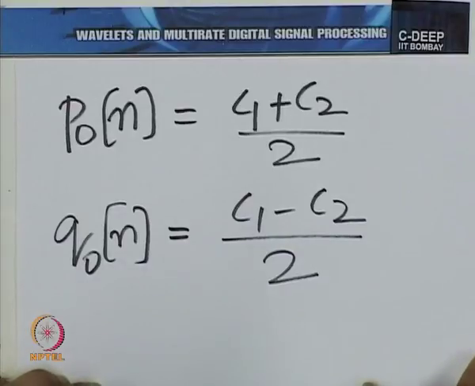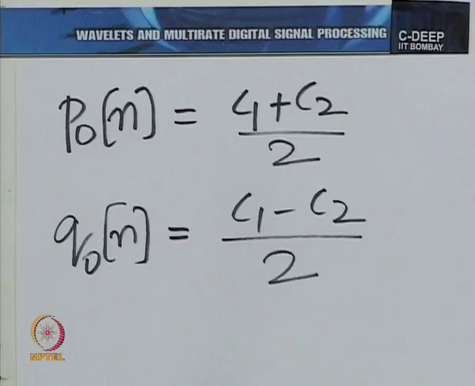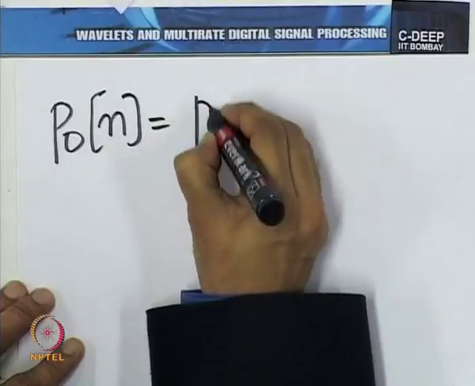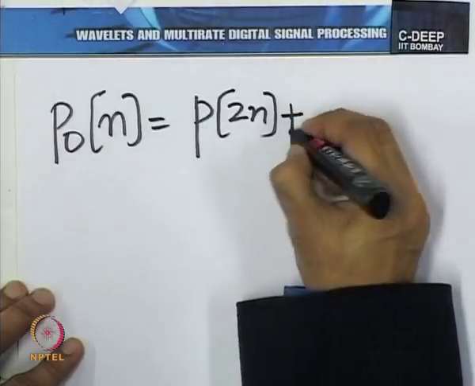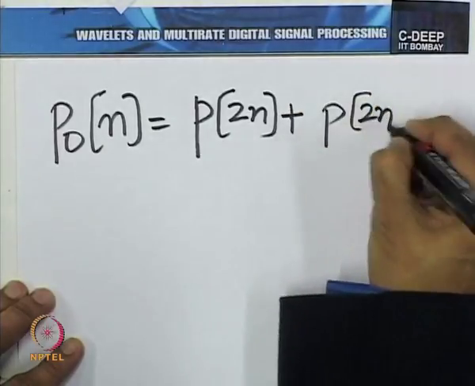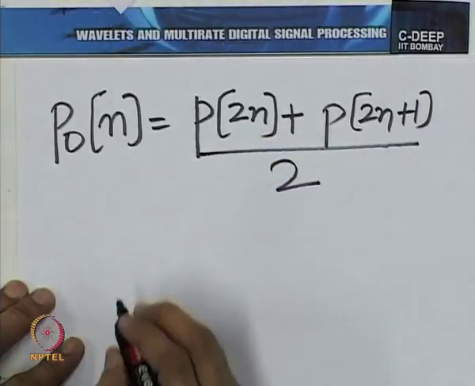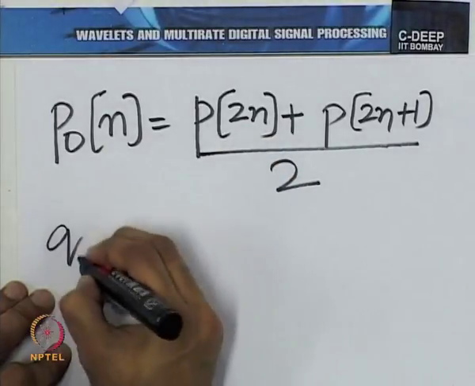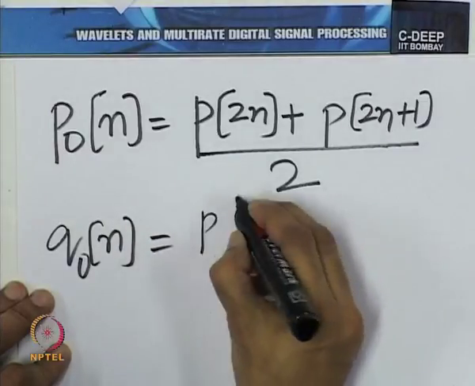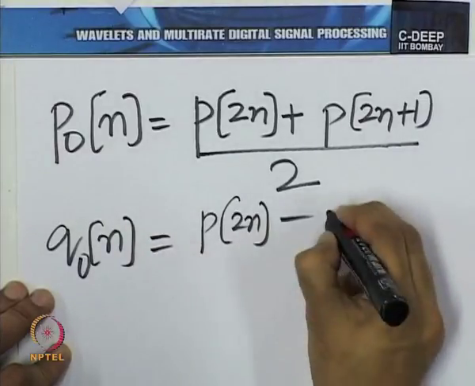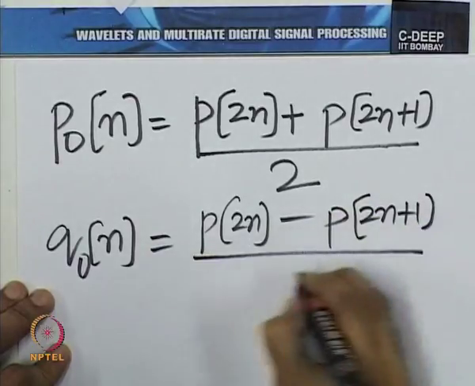Now, let us combine these equations. So, we have P 0 n is P 2n plus P 2n plus 1 by 2, and Q 0 n is P 2n minus P 2n plus 1 by 2.